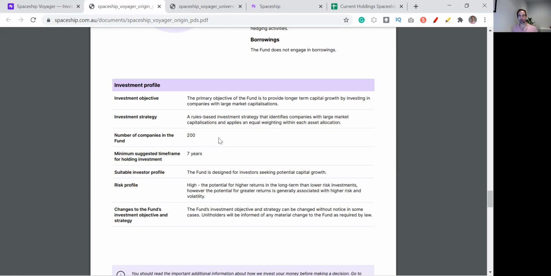For the Origin portfolio, they take the largest companies by market cap from the different countries they invest in. The majority of the investment comes from the US, but a large number of investments are also coming from Australia. I don't know the exact number, but for example, they invest into the top 60 companies from Australia, maybe the top 80 or 90 companies from the US, and then the top companies from other countries as well.